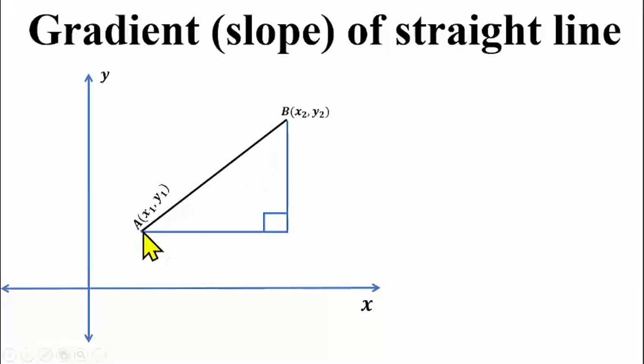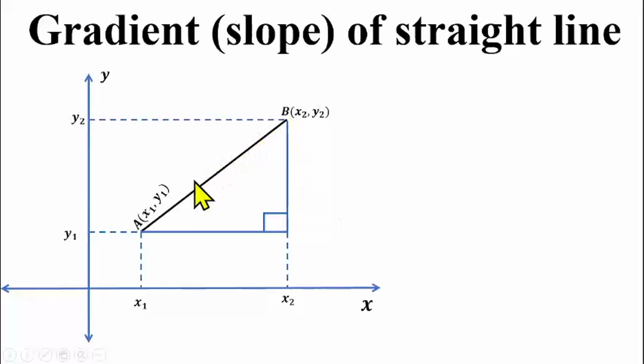Of course we know that if this point is point A and having these coordinates, then the value of A on the x-axis is going to be x1, and the value of A on the y-axis is going to be y1. Likewise, the value of point B on the x-axis is going to be x2, and the value of point B on the y-axis is going to be y2. So what does gradient, or slope, mean?